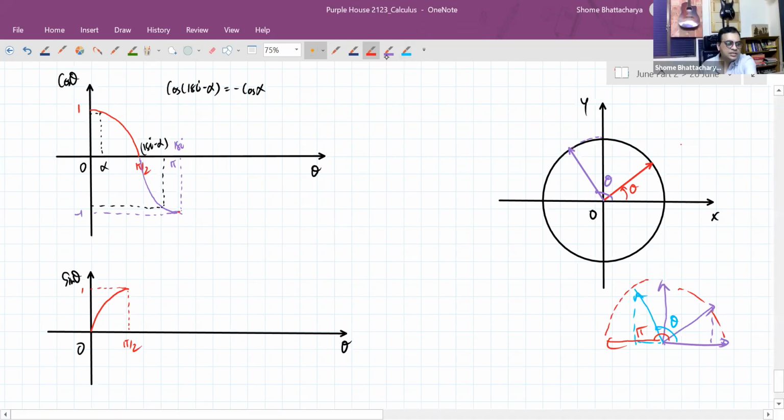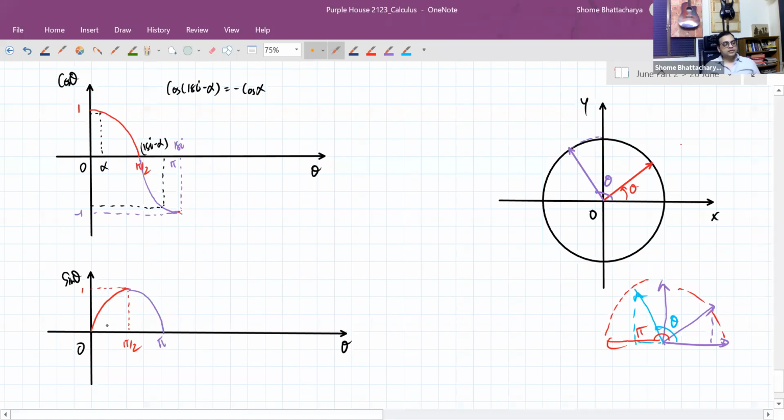Now similarly, see in this graph what's happening to the sine function. The sine is the y component. As your vector is rotating from theta equal to 0 to 90, the y component is going from 0 to 1. Then as you go from 90 to 180, it's coming down from 1 to 0. The sine graph is coming back to 0 as you reach pi.